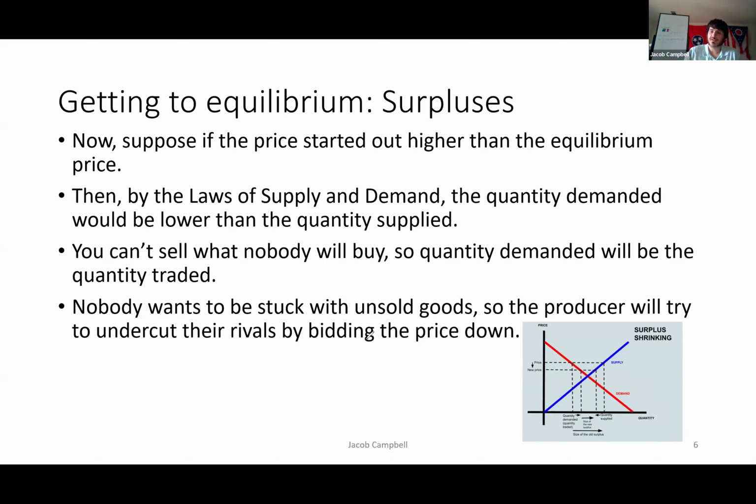This pushes the two quantities away from each other. And remember, you cannot sell what somebody is not willing to buy. So if quantity demanded is falling, then the quantity must also be falling. And you wind up with a situation where the quantity supplied exceeds the quantity demanded.